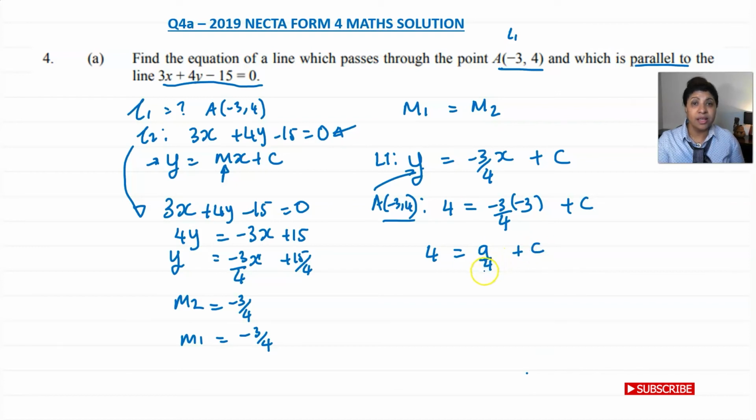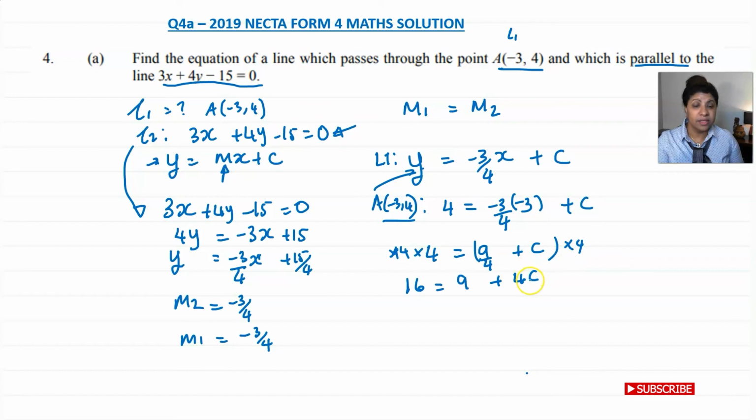We need to get rid of this 4 by multiplying by 4 throughout. So 4 times 4 is 16, equals 9/4 times 4, which gives you 9, plus 4c.